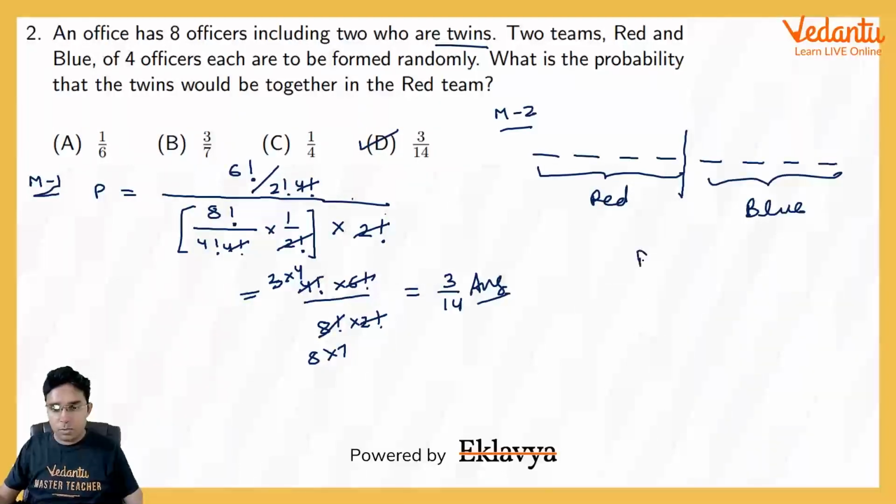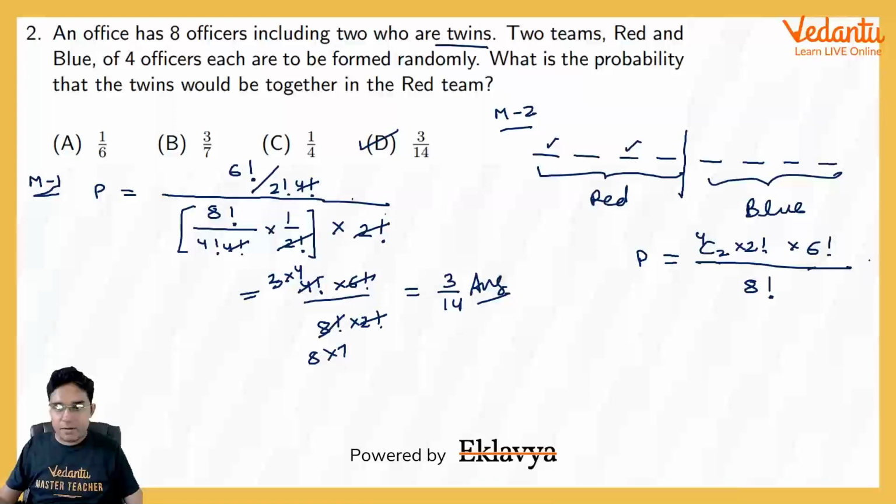Okay, so the probability will be, in the denominator we should have 8 factorial, but in the numerator I have to make sure that these twins get placed in the first 4 places. So 4C2 to get which 2 places, and into 2 factorial to arrange these twins in 2 places, and then 6 factorial. You can check, this will also give us the same answer, 3 upon 14.